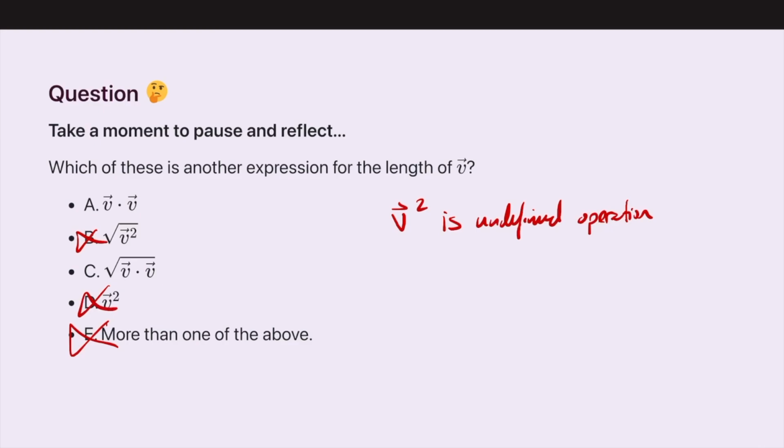The reason why is, let's just try and do it. Let's pretend we have some vector v, which is n by 1, with n rows and one column. Well, what would that look like? We would have v times v.